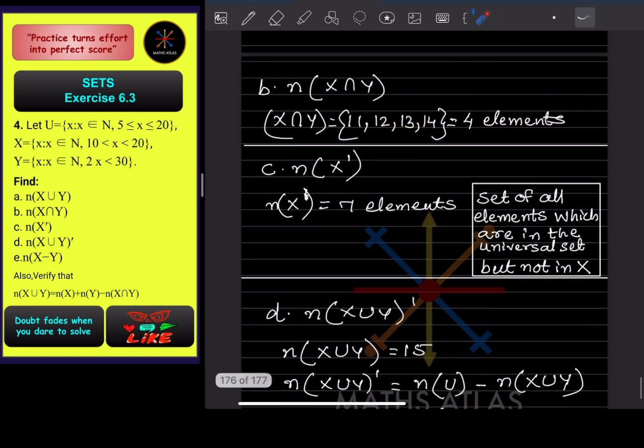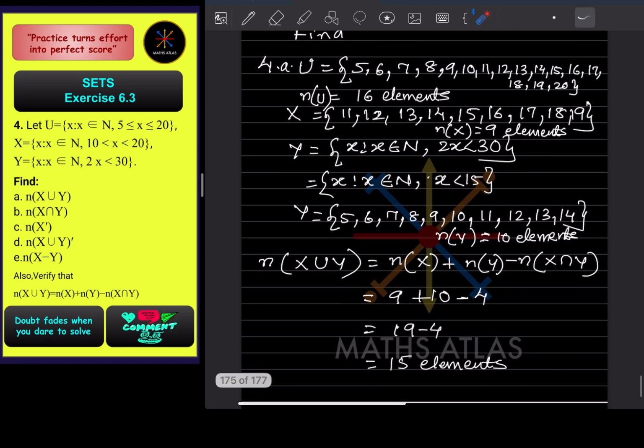So now here they said n of x complement. So we have to see the set of all elements, that is the rule given: the set of all elements which are in the universal set but not in X. So now we have to see X and the universal set.